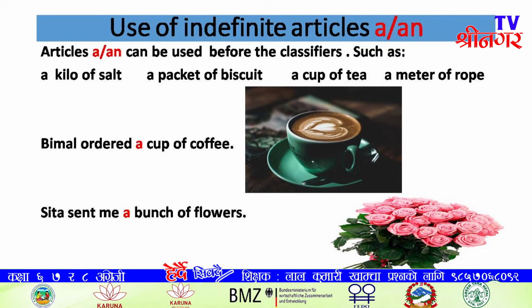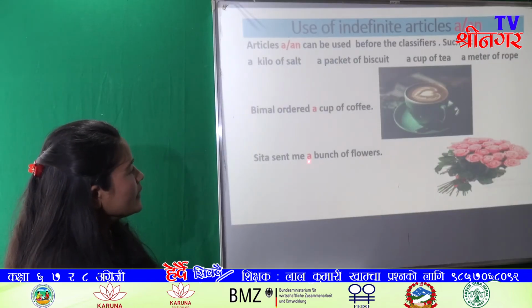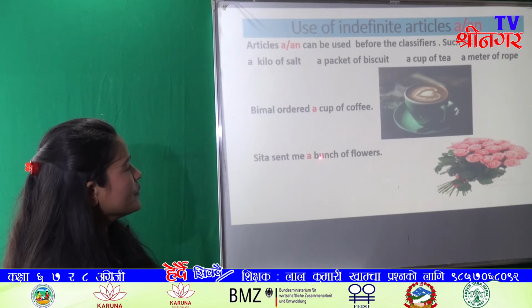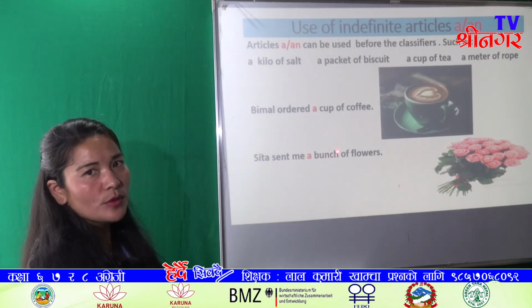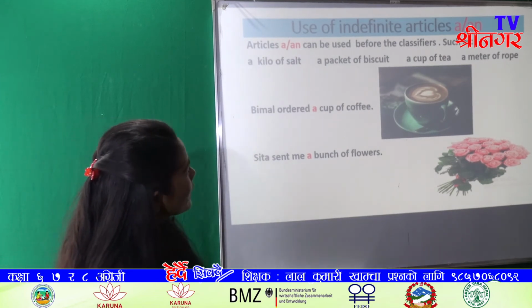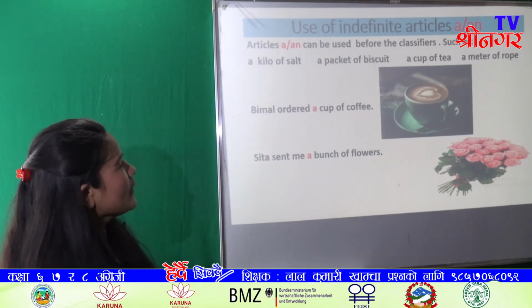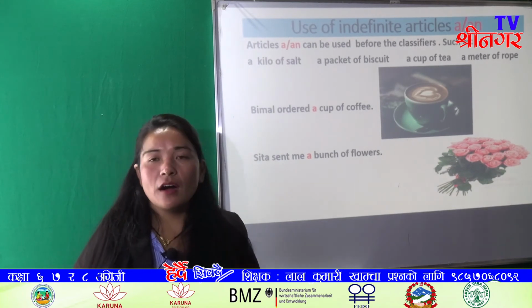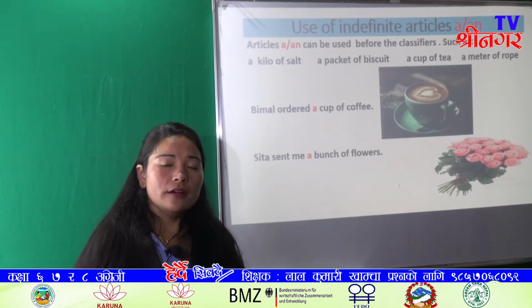"Sita sent me a bunch of flowers." Okay, here bunch is a classifier, and article a is used before this word bunch. Okay, so before a classifier we have to use article a or an.